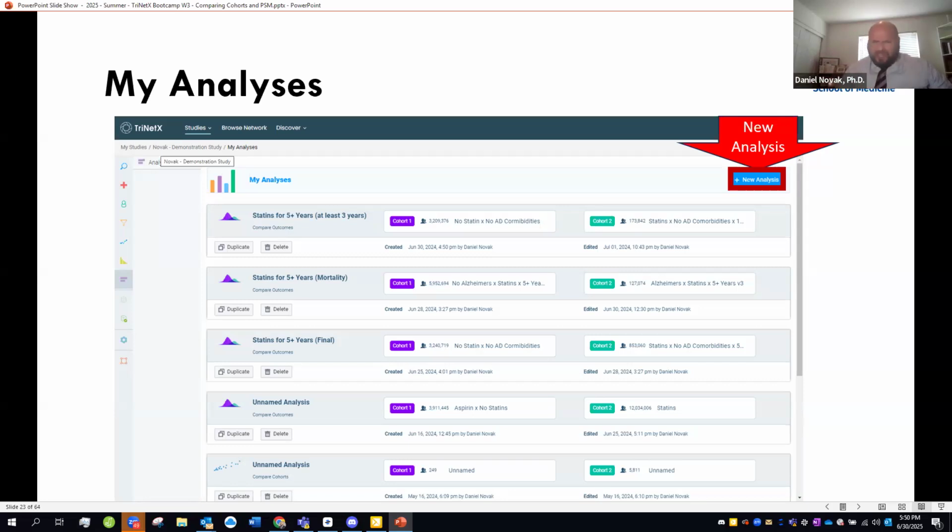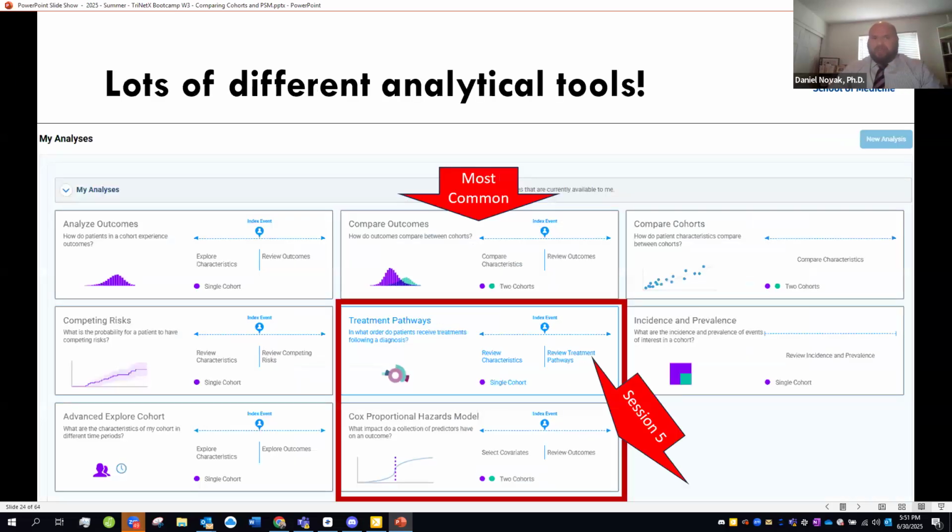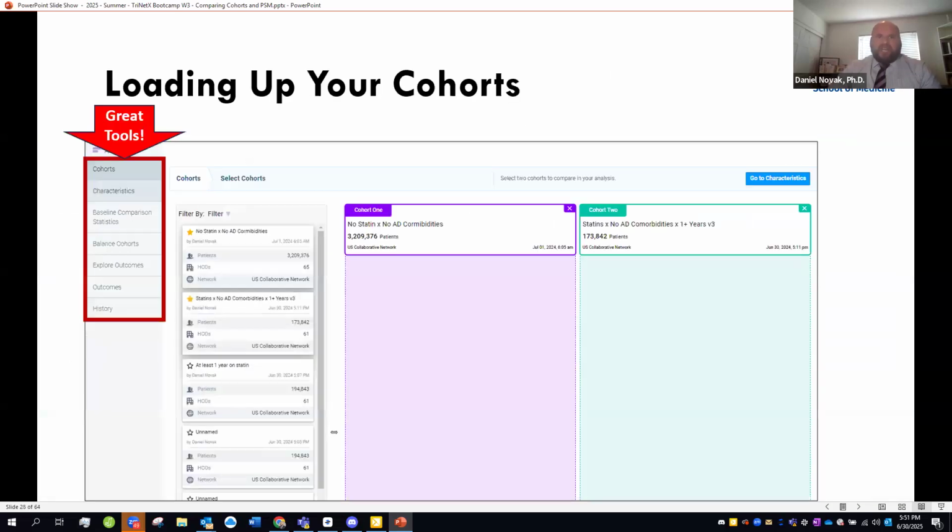Like, for example, if I wanted to know how many people in my overall pool of all people who eventually go on to have Alzheimer's, how long some of them were on statins for, I could use a cohort specially designed for that purpose and use the time on treatment function to look at that. But there's no mutually exclusive nature between that and other combined analyses that I'm going to look at. So you can have as many as you want in any given study. Though it's interesting because most published studies only tend to report one compare outcomes function. They don't use the other tools as complements, which I think is kind of silly.